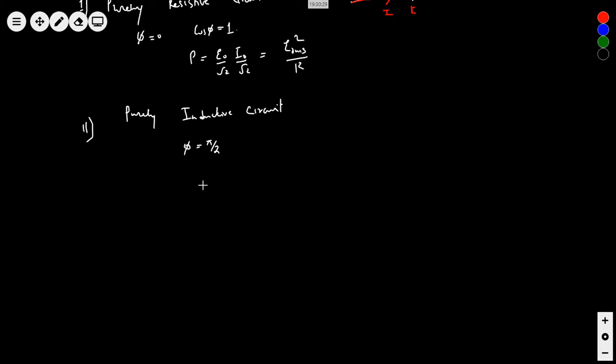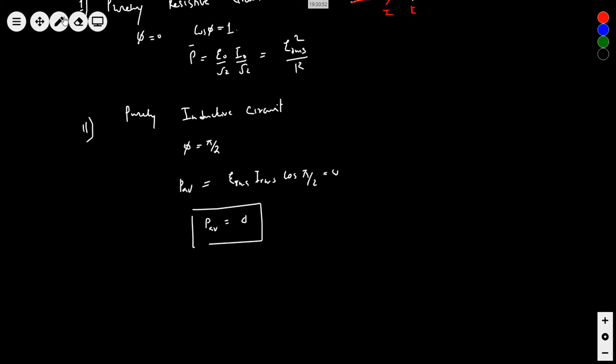In that case, what will be the average power? Average power would be E naught or ERMS IRMS cos of pi by 2, which is 0. Yes, power consumed is 0.